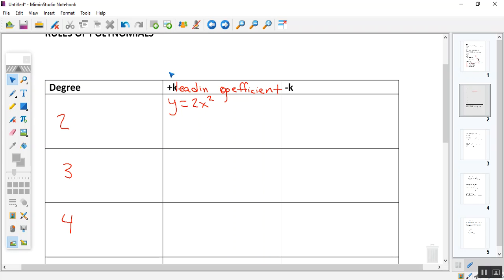The leading coefficient in that is going to be 2. And the shape of this graph is a parabola, a U shape. So if a U shape is what comes about in a degree 2 polynomial function when the leading coefficient is positive, what kind of graph is going to come about when you have a negative coefficient?